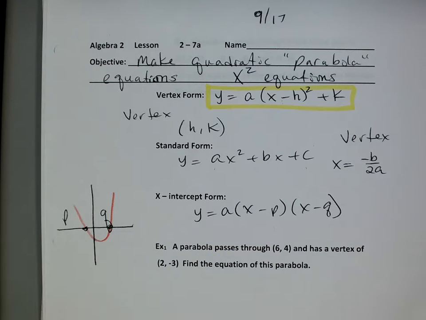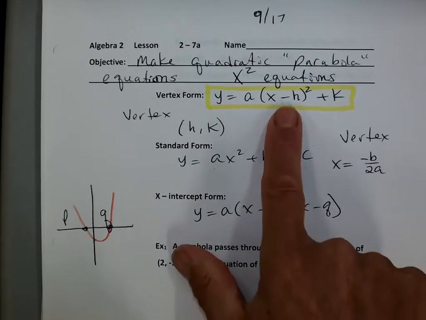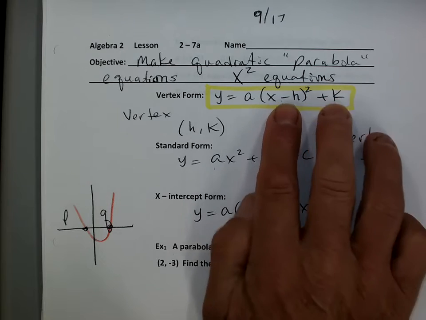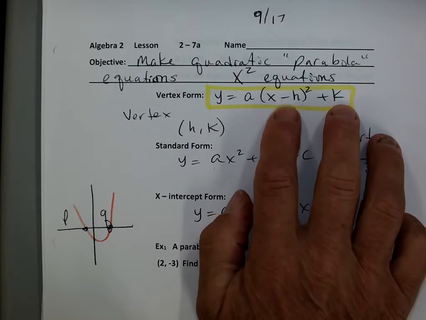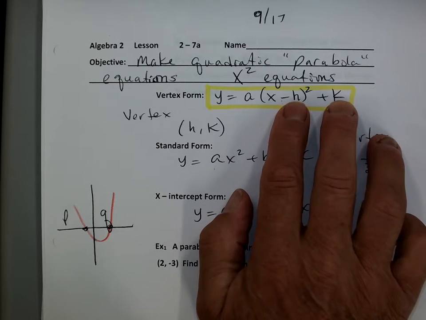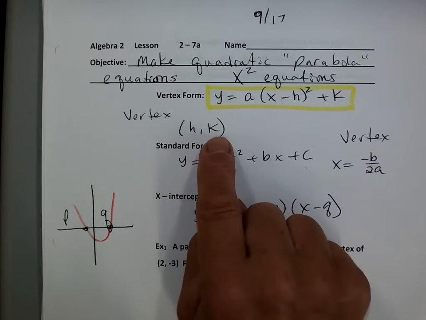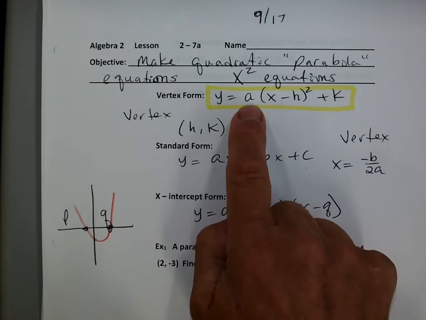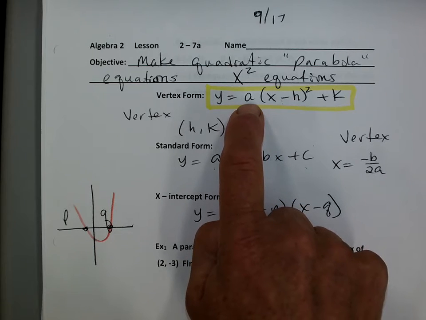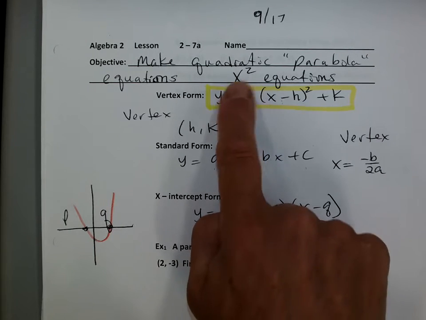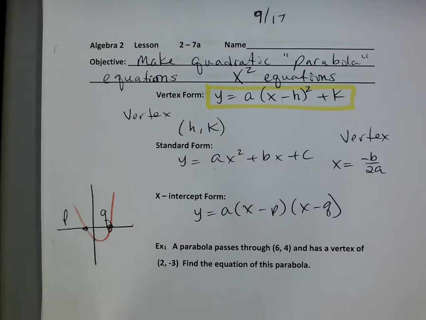What I like about vertex form is the vertex is right in the formula. The negative means opposite, so it's always the opposite of that value. So the vertex is always just h, k. The value of a tells you whether it's tall, skinny, upside down, or whatever. We'll talk about that as well.